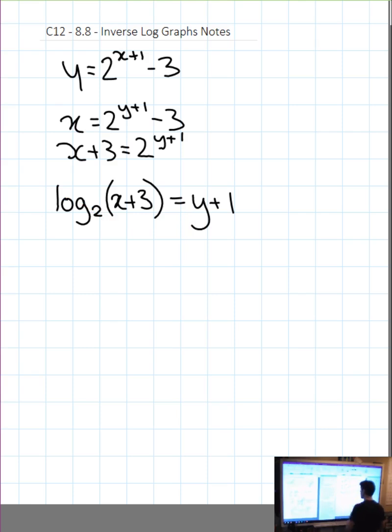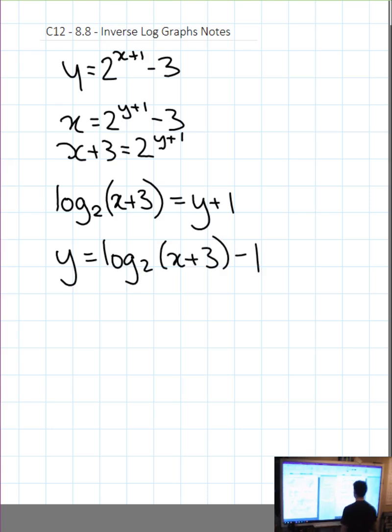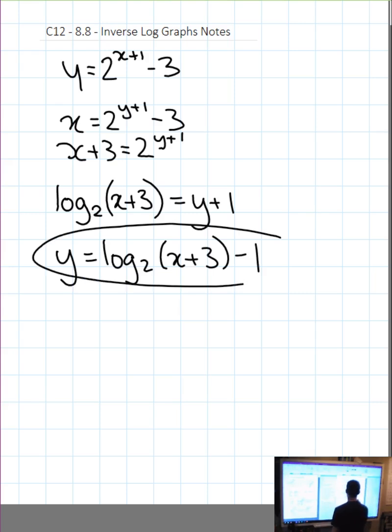But until we're more comfortable, we'll just have to continue to practice. So now I just need to subtract 1, and I can mirror it at the same time. y equals log base 2 of (x plus 3), minus 1. And that is the inverse of that.